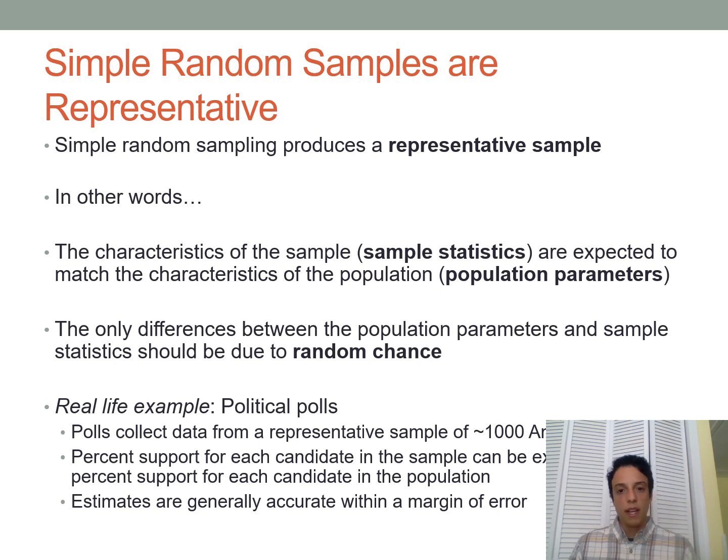And so there might be that random element, because when you're picking things randomly, you never know the exact set of outcomes. But aside from that sort of random noise, where maybe you'll end up with a little more support for candidate A or a little more support for candidate B just by chance, within some margin of error, we're going to be able to be pretty confident that our sample characteristics match our population parameters.